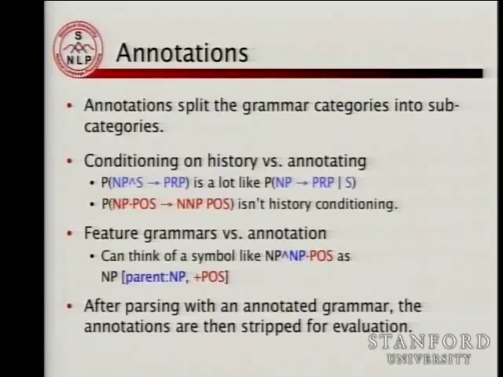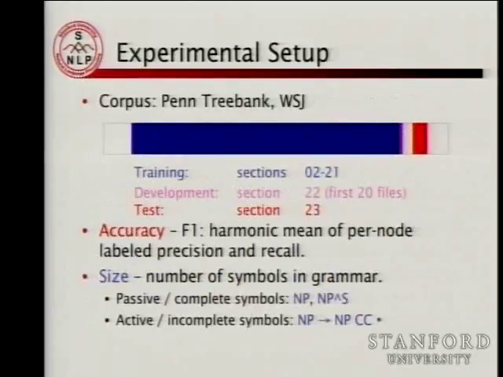If you want to, you can also think of them as feature-based categories. And if you've seen feature-based grammars in something like Ling 120, if you're a SymSys student, they essentially come out of the same direction of thinking about these complex categories as a bunch of features.